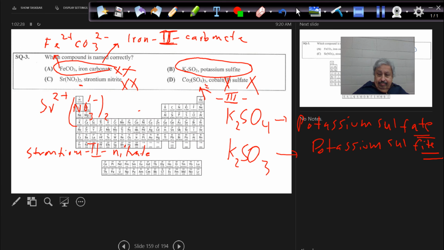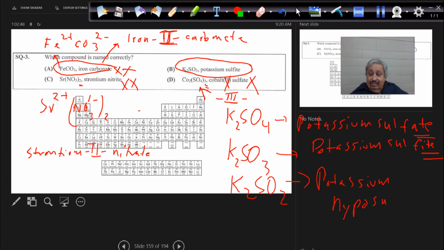So then if you go further, we did not cover this one here, but you can have SO2, for example, it's not there. But if you have something like this, less 1 oxygen will be potassium, what will be the name, you think? Hypo sulfite, ITE at the end.